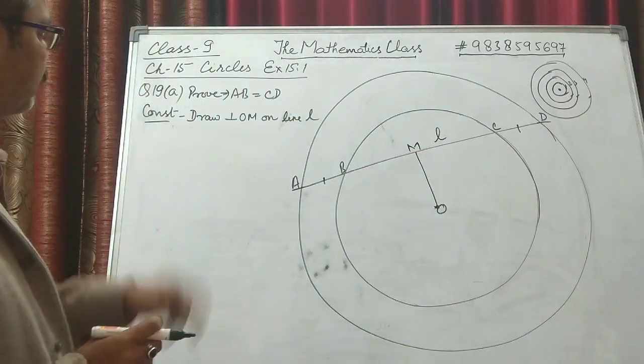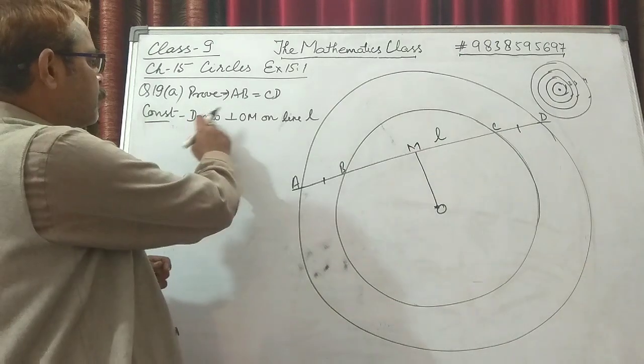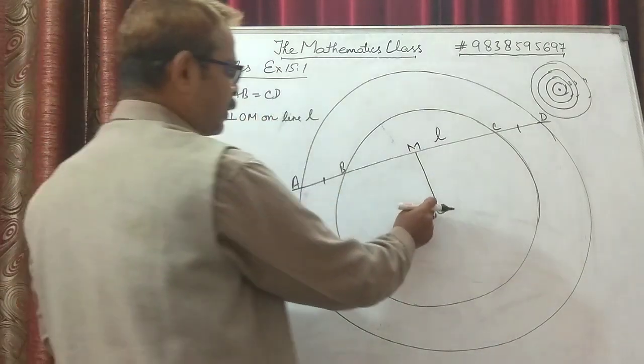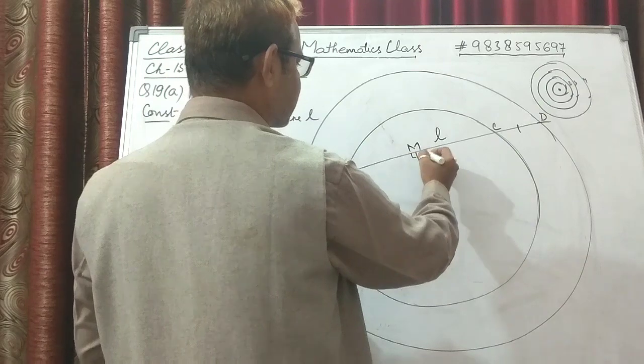So we have made it in a generalized form. Draw perpendicular OM on line L. So perpendicular OM on line L is this.